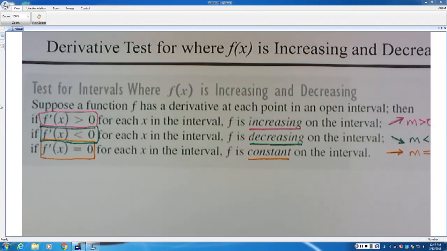So the key to it is finding out where the value of the derivative is 0. And that's not that hard to do. Sometimes we can do it easily with algebra. Sometimes we can do it easily enough on the calculator. Okay? If you're good enough at algebra, you can solve most equations if they're set equal to 0.